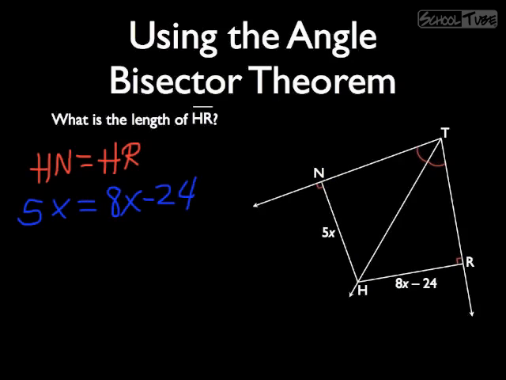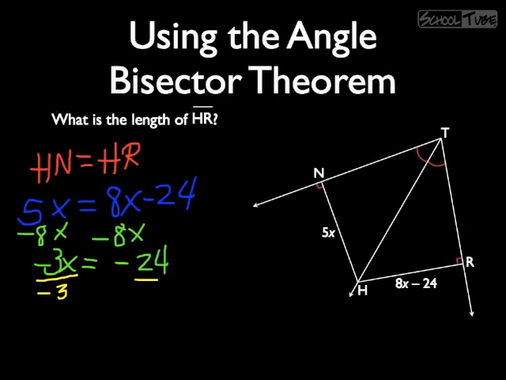Using the subtraction property of equality, we can subtract 8x from both sides of the equation, leaving us with the opposite of 3x is equal to negative 24. And then finally, we can use the division property of equality and divide both sides of the equation by negative 3, telling us that x is equal to 8.